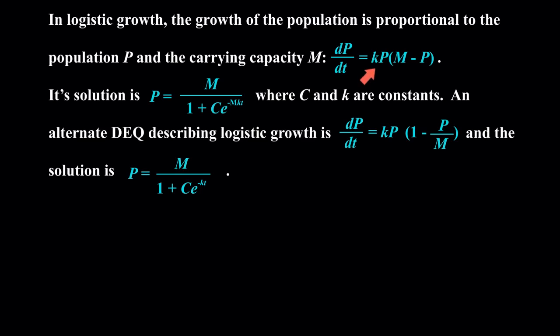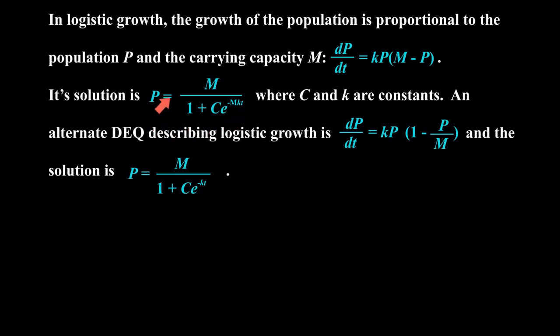Now, we could do separation of variables and solve this equation for P, which we're not going to go through that whole process right now, but that solution equation ends up being this right here.